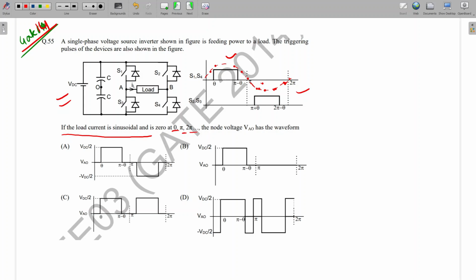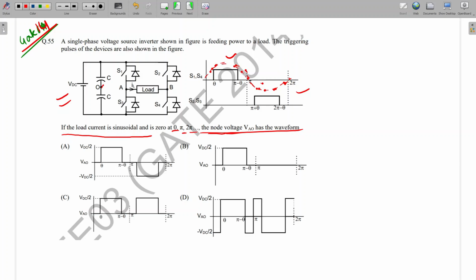Then they are asking, what will be the node voltage VA0? Okay, node voltage VA0. 0 is this one. Okay, so if we see 0 to theta, our current is positive.